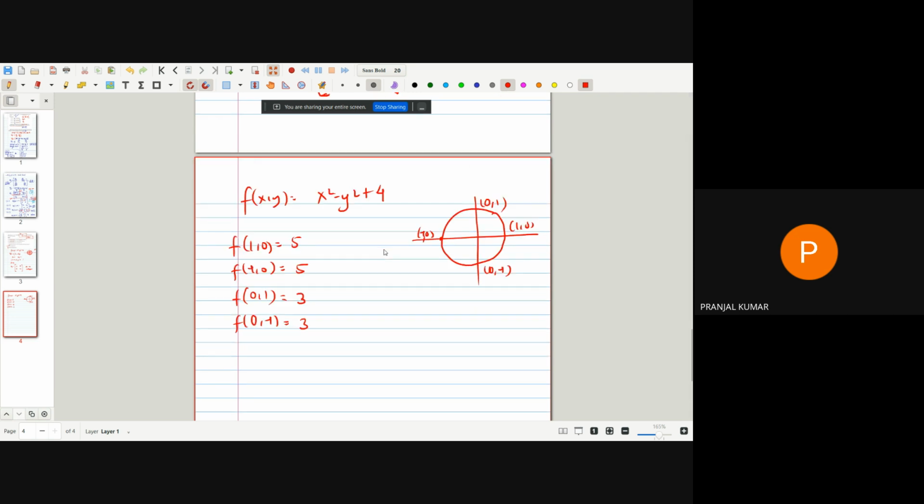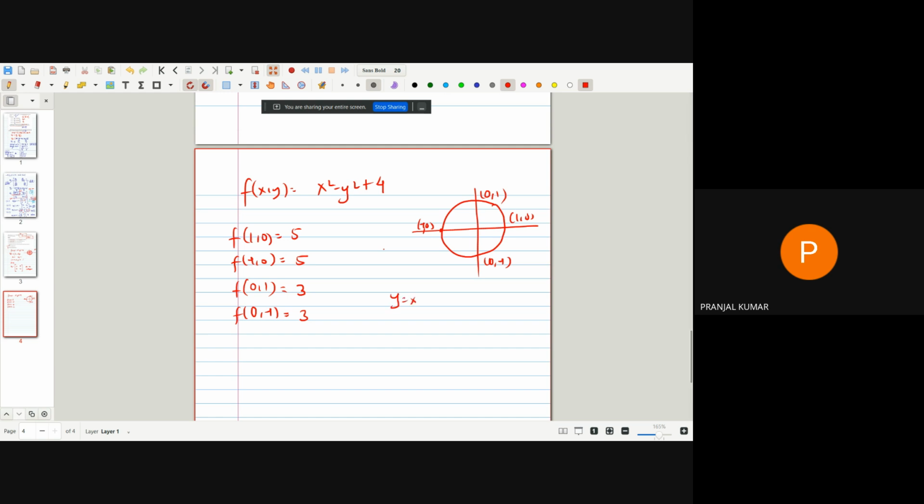Okay, so what about the y equals x line? Suppose it is 4, y is equal to x. At that point, it would be 1 by square root 2 comma 1 by square root 2, right?